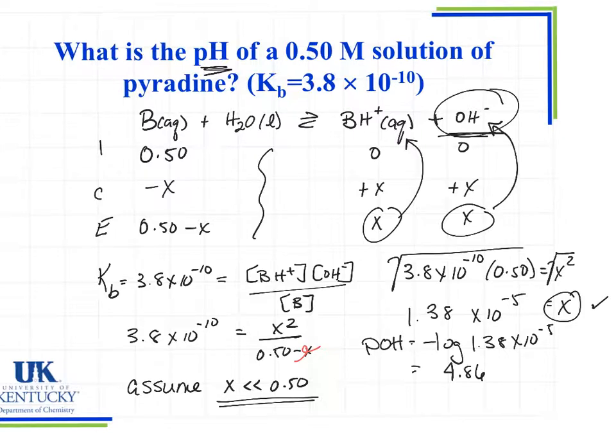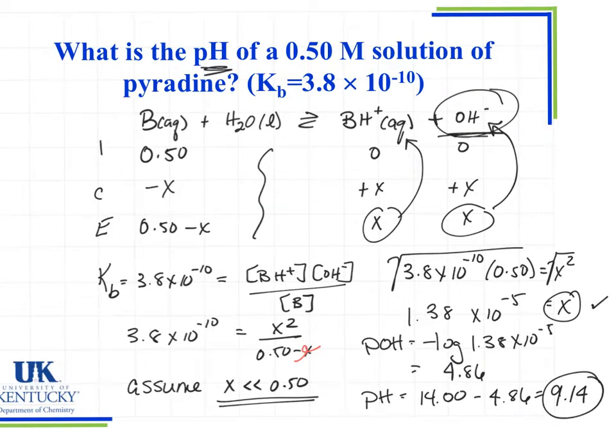Well, since I know it's pOH, to get the pH, I have to take 14 minus 4.86. And that's going to give me my pH value of 9.14, and certainly that is greater than 7. So I like my answer, and I will accept that.